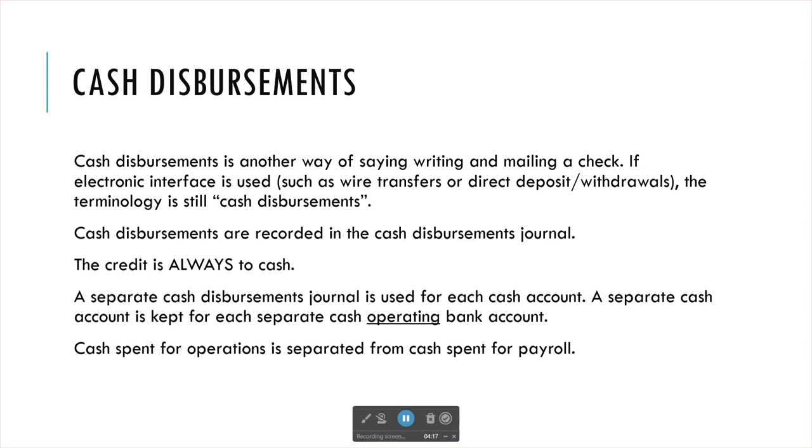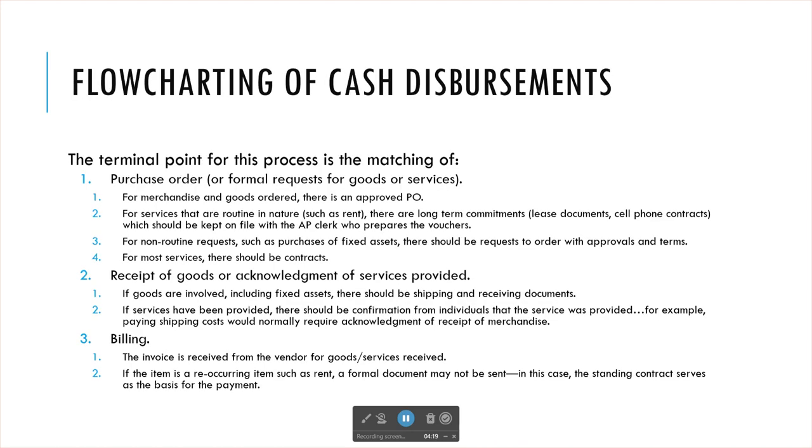When we get into payroll, we'll talk about the reason for this, but there will be a separate operating cash and payroll cash account. The flow charting of this cash disbursements, if you want to review your SUA packet and follow along, you could.